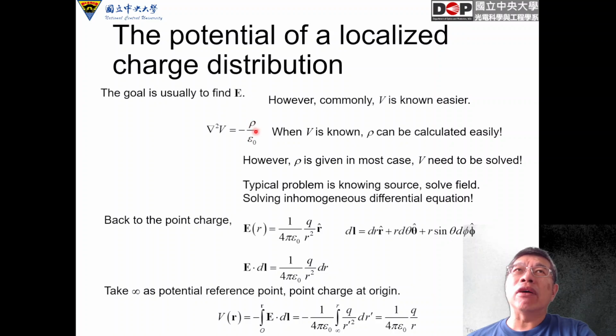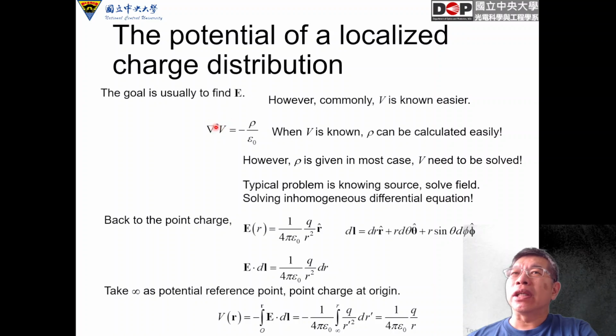However, that's not how it's given in most cases. Usually we know how the charge is distributed, for example on a shell, at a point, on a surface or in a volume. The charge distribution is usually given. So then the potential needs to be solved, and then you can get the electric field. That's the problem: it is hard to solve this equation because you need something not so easy.